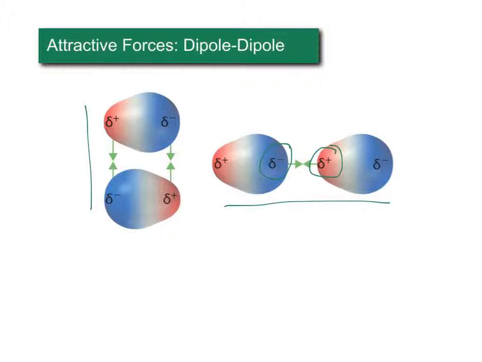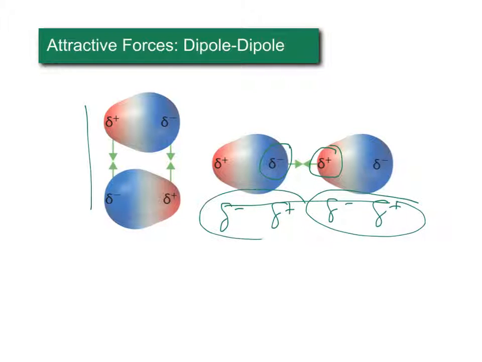So we could also have next to this one a partial minus here and a partial positive here, and a partial minus here and a partial positive here, in two different molecules, right? So we'd have attraction here, and here, and here. All right, and these are all examples of dipole-dipole, and you'll find that molecules will line up to maximize those attractive forces and minimize the repulsive forces.